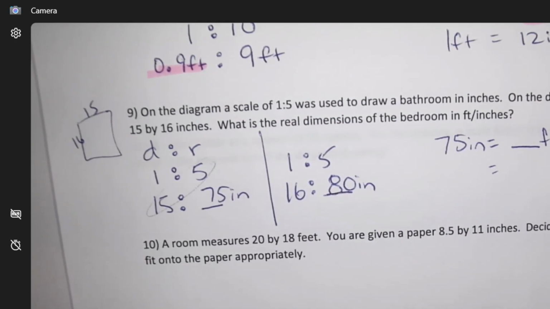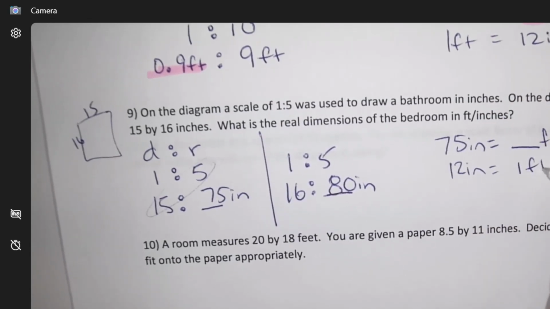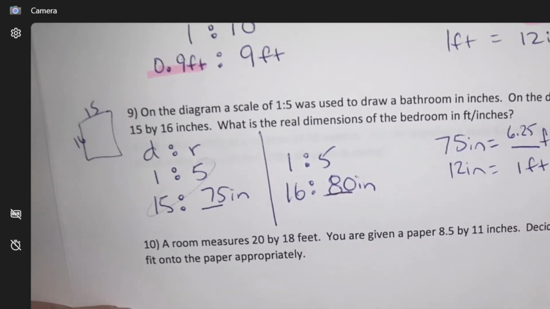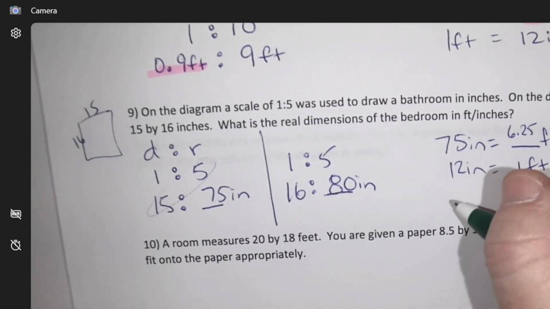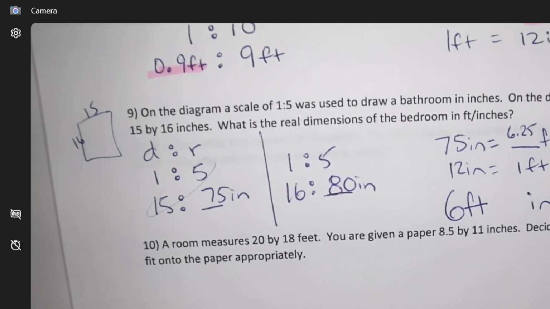I'm not gonna give it to you again. 12 is 1. Okay, but that's not the answer. 6.25, I can't write that. So this is obviously 6 feet. And how many more inches would that be after 6 feet?